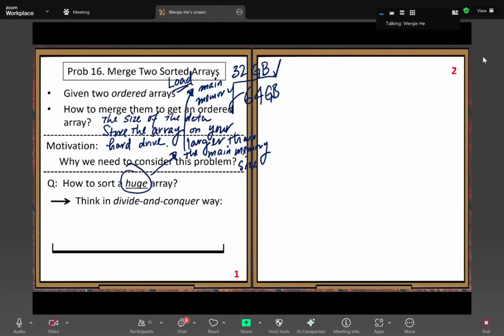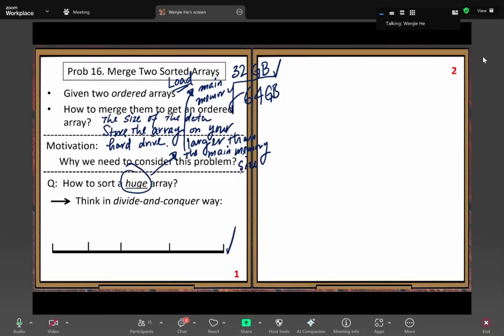Although we cannot load the complete array into the main memory, we can load a portion of the array. Every time we load a portion of the array, how about that? So we divide our whole data array into several, multiple subarrays.